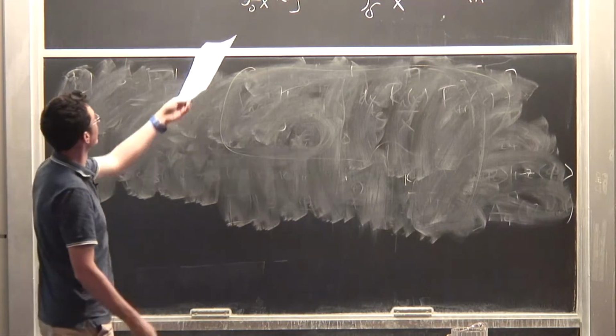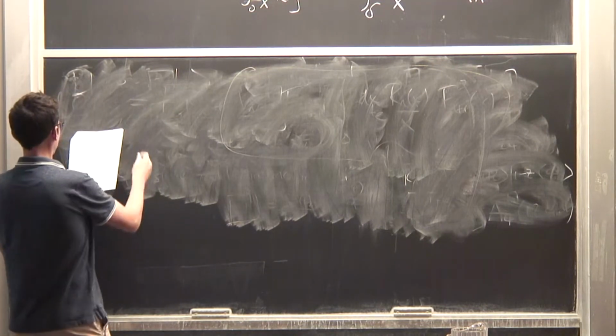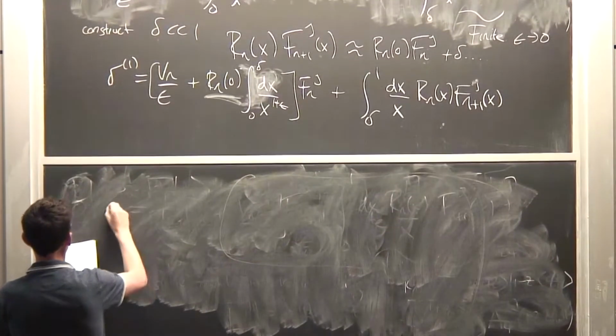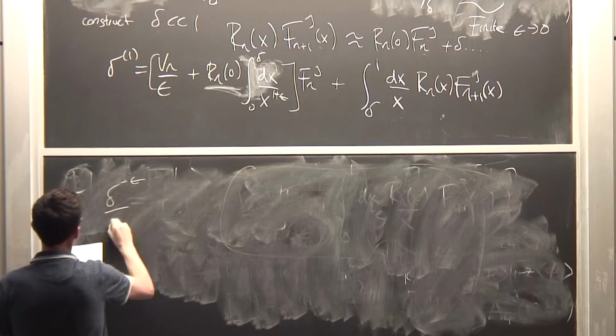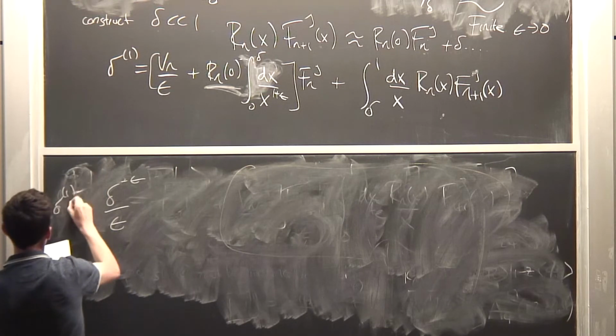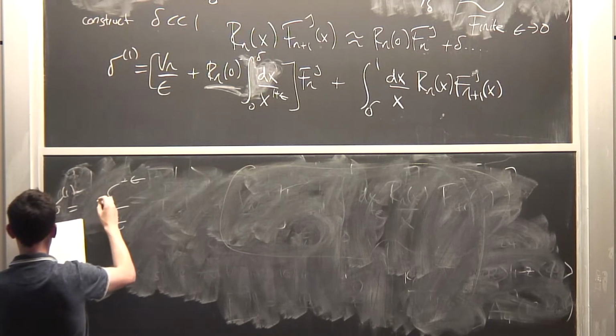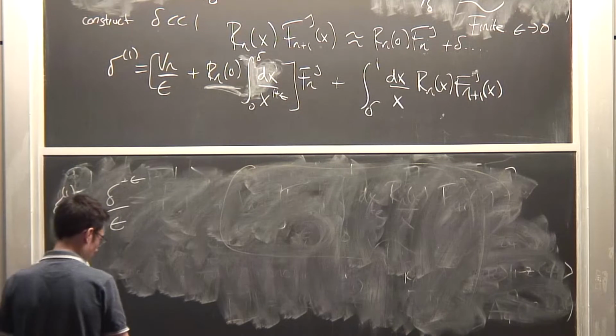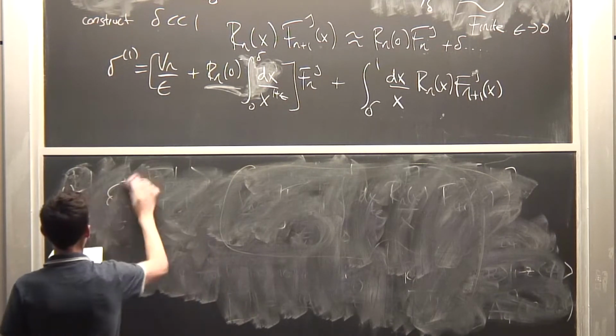Okay, so I can do this integral here. That's just going to give me delta to the minus epsilon divided by epsilon. So now I can put that in. I shouldn't have put it there. That was foolish.